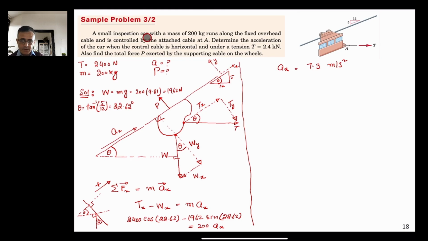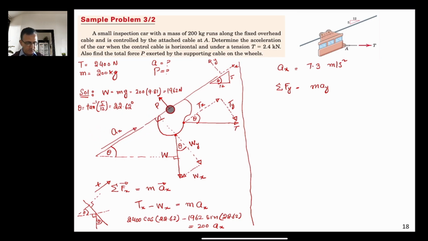Now in part B, we need to calculate the P here. So for this, we will use the equation summation of all the forces in y direction equal to M Ay. Because in this case, y is perpendicular to the cable and the inspection car is only moving in this direction here.